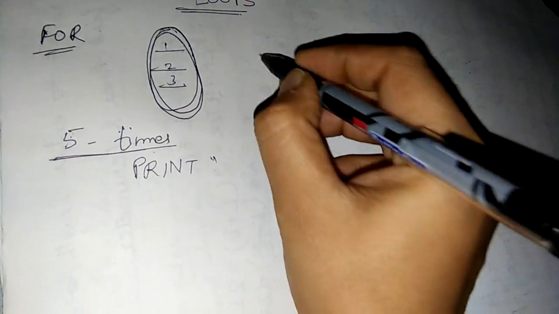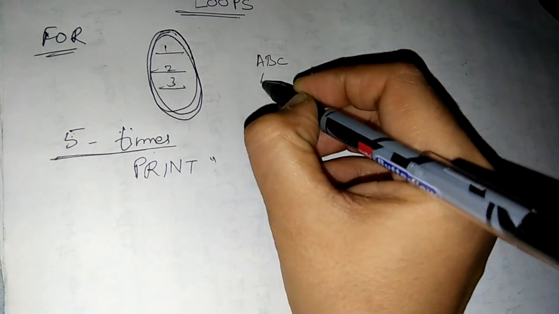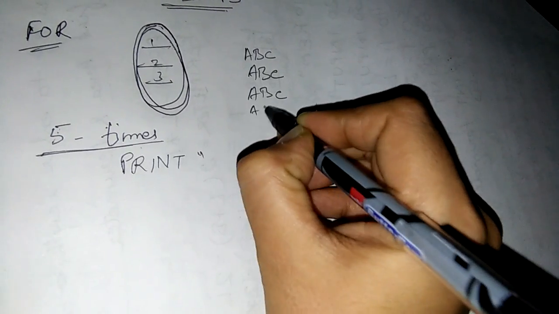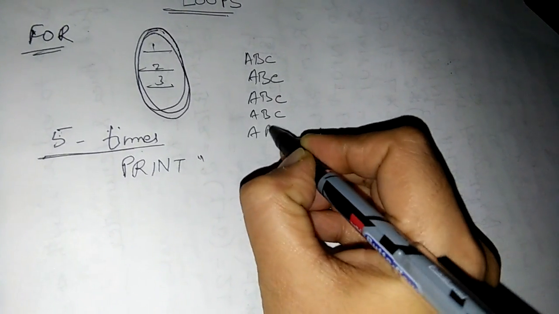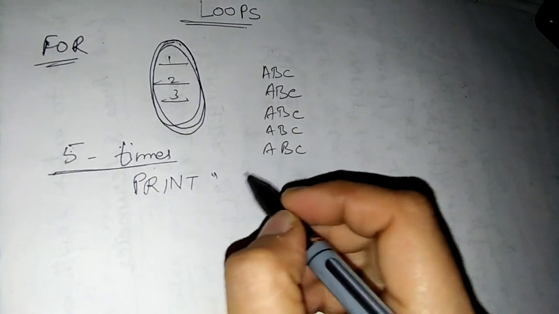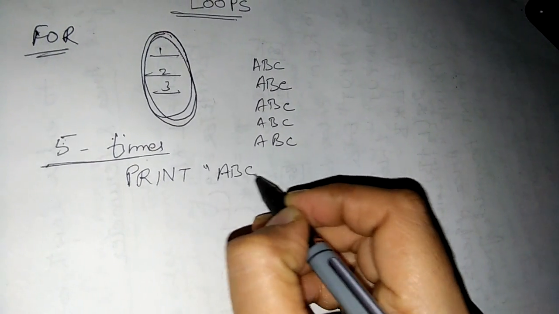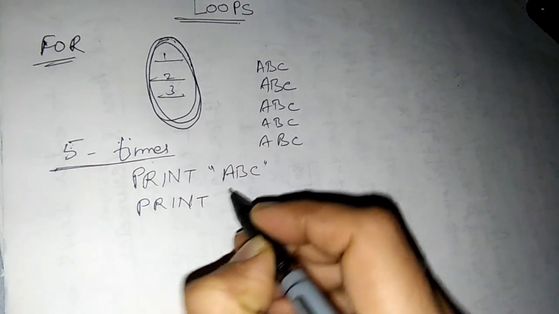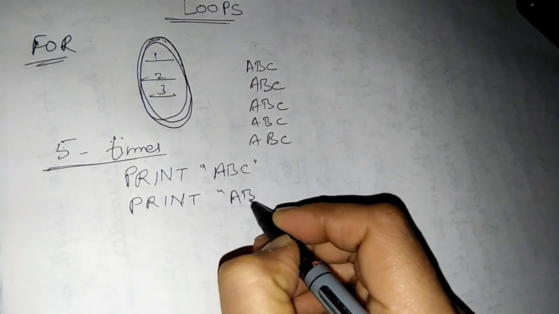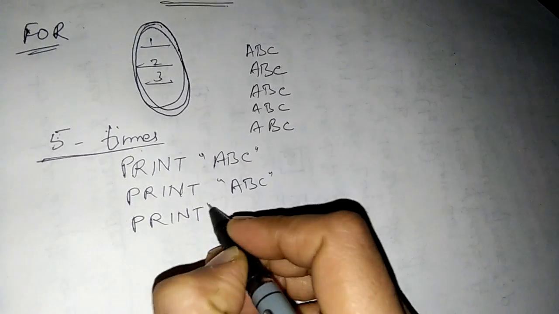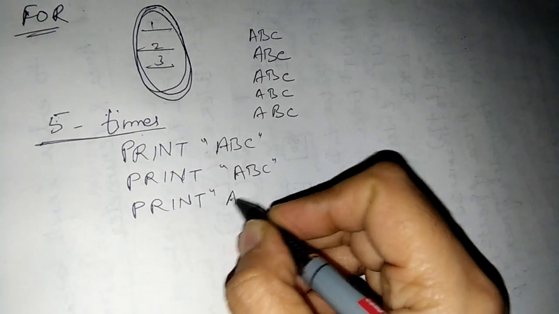Suppose I have to print ABC 5 times: ABC, ABC, ABC, ABC, and ABC. Suppose I have to get this output. So I have to write 5 print statements, writing ABC in double quotes, and it will display ABC 5 times.